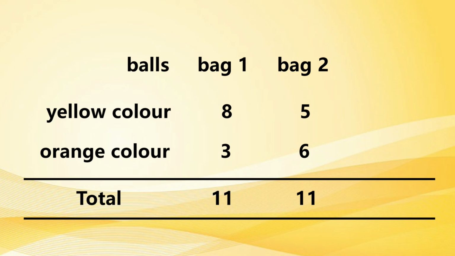From the information given, we have the number of yellow balls in bag 1 is 8 and the number of orange balls in bag 1 is 3. Hence, the total number of balls in bag 1 is 11. The number of yellow balls in bag 2 is 5 and number of orange balls in bag 2 is 6.